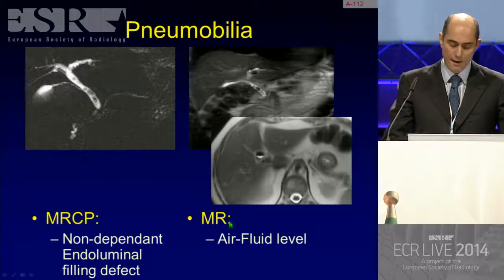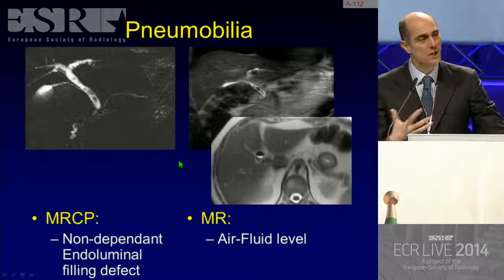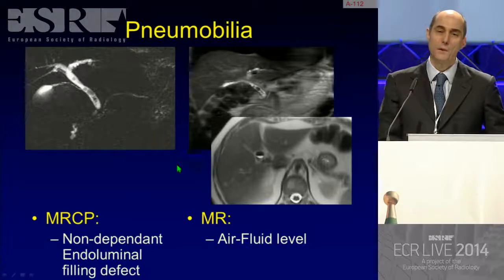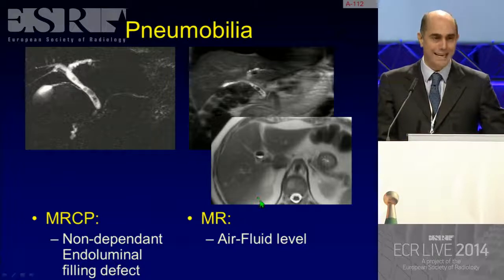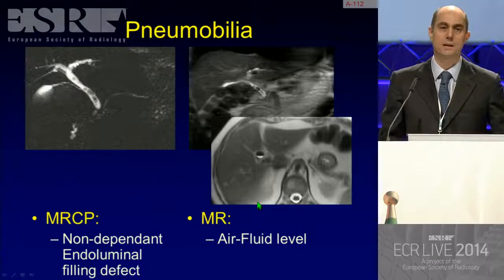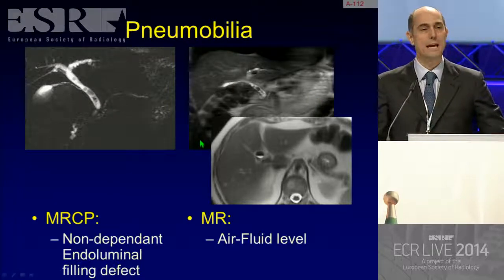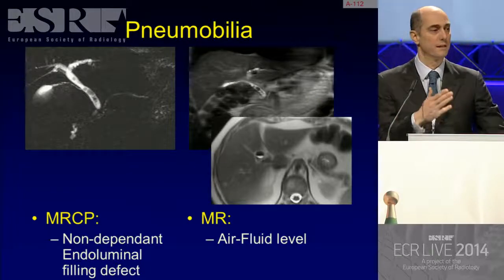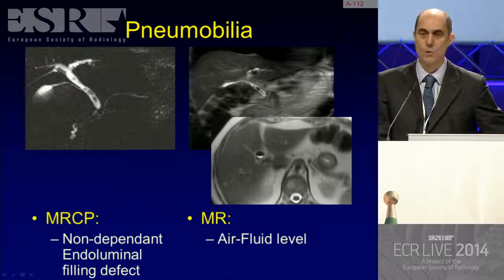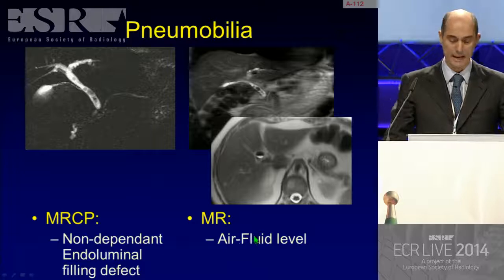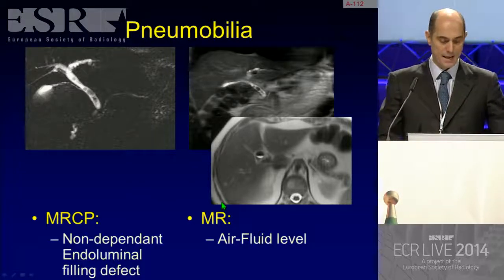And on MR, we have an air fluid level. So the recommendation that I personally follow in these patients, I always perform a plane which is perpendicular to the common bile duct and makes me understand which is the dependent wall of the bile duct and which is the non-dependent wall of the bile duct. And this helps me in the differential diagnosis.